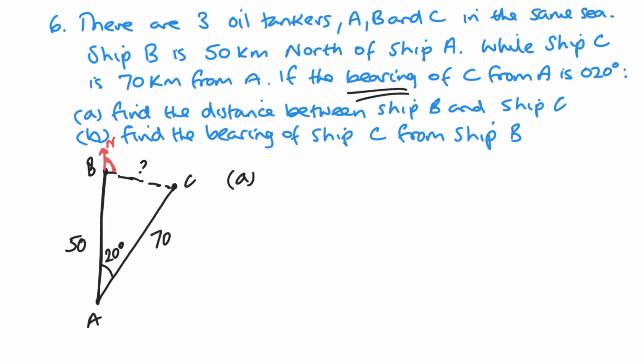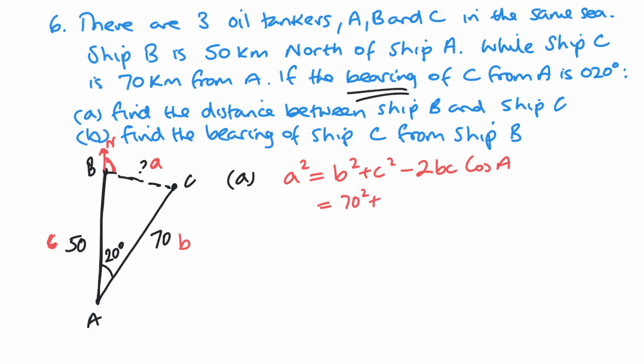So I want to label my triangle. This will be small a, small b, small c, and I want to find small a. So a squared equals b squared plus c squared minus 2bc cos A. I'm filling in my values.